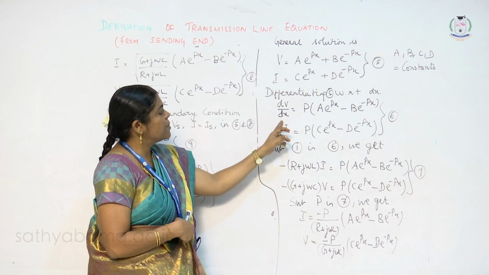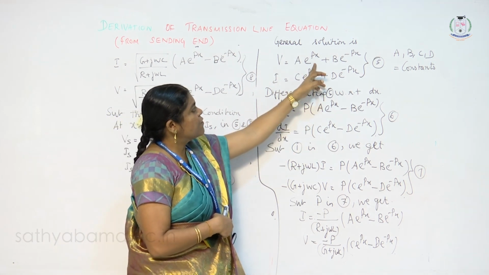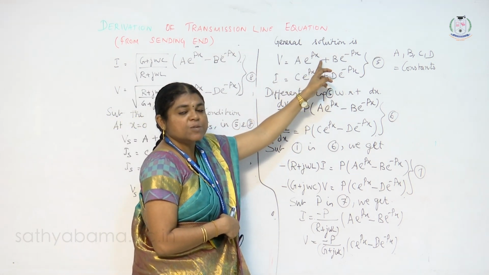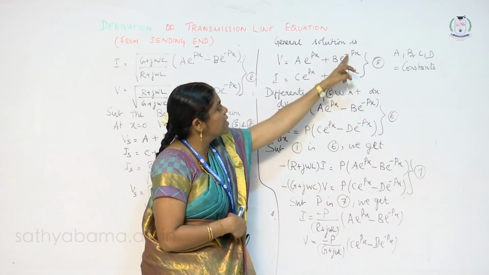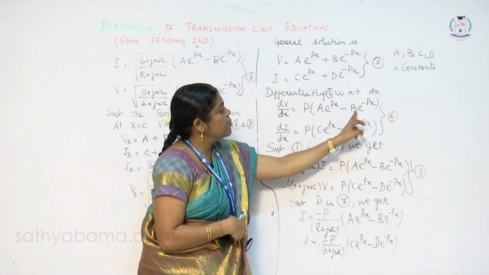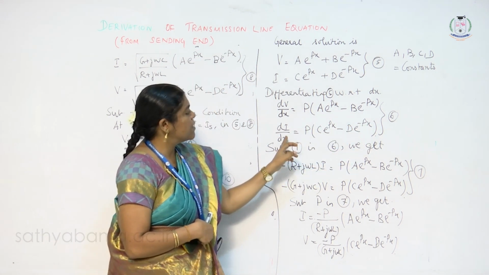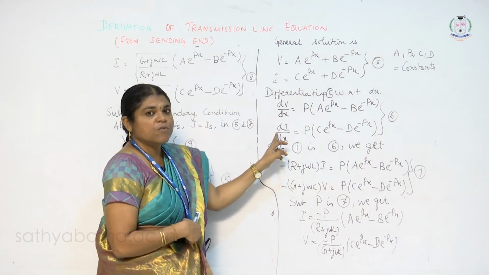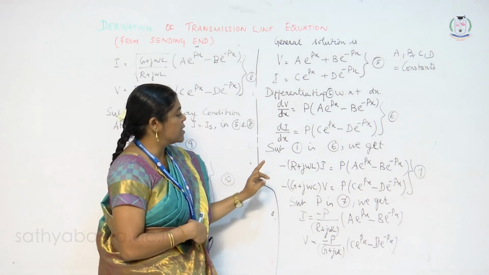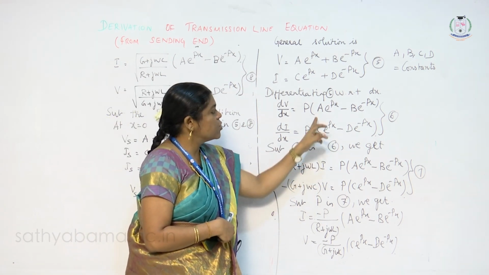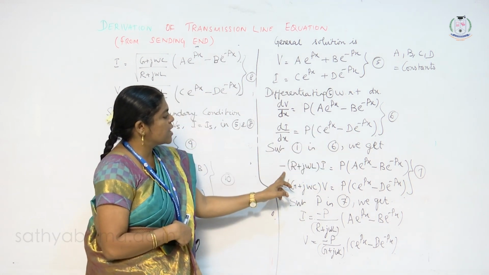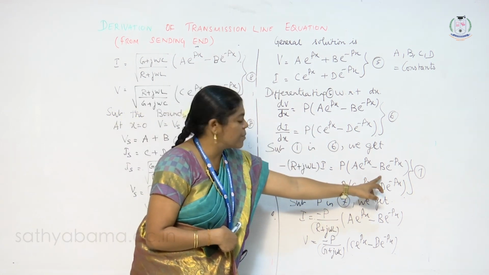Equation 6 is dV by dx is equal to, when I differentiate the e power term with respect to x, it becomes p into A e power px, and this minus comes here, which is B into e power minus px. Similar way I get one more equation for the differential current element, and I am going to substitute equation number 1 into this equation 6, so that I get equation number 7.